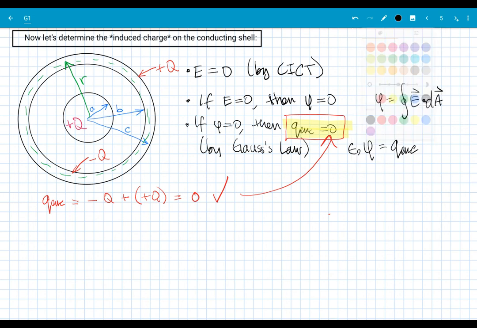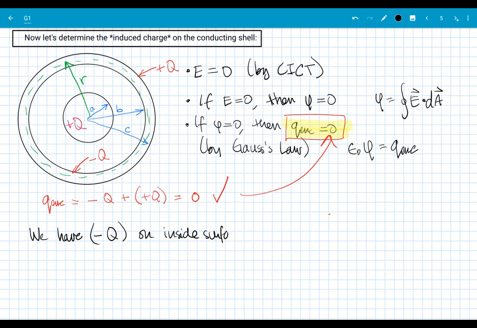The shell has negative Q on the inside surface of the shell. It has to sit on the surface. We don't have charge inside of conducting material by theorem.